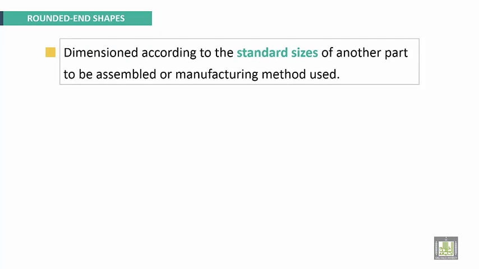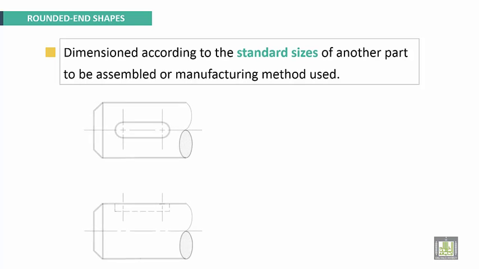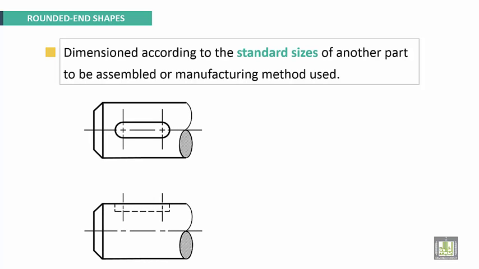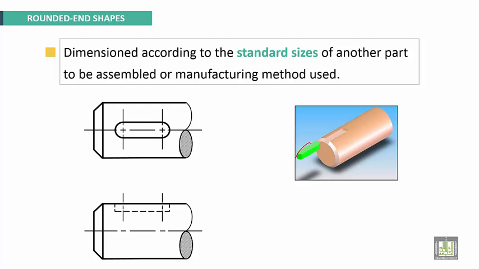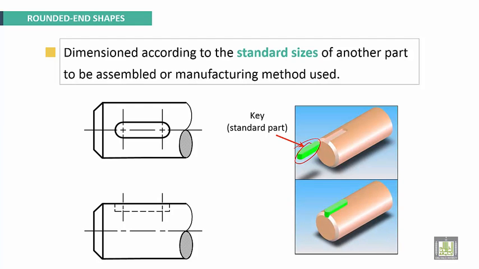Dimension it according to the standard sizes of another part to be assembled or manufacturing method used. For this key, we need to manufacture this keyway. Key, it is a standard part.